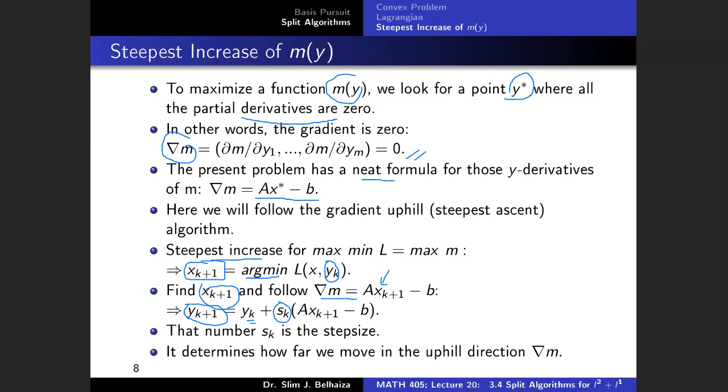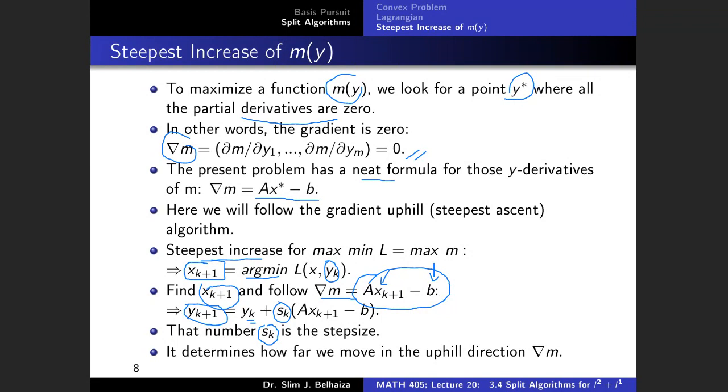This A x_{k+1} minus b measures how far you are from meeting the b's, how far you are from satisfying the conditions. And s_k here is the step size. For example, in the Kalman filter, s_k was just the Kalman gain. So it's exactly the same idea which is behind.